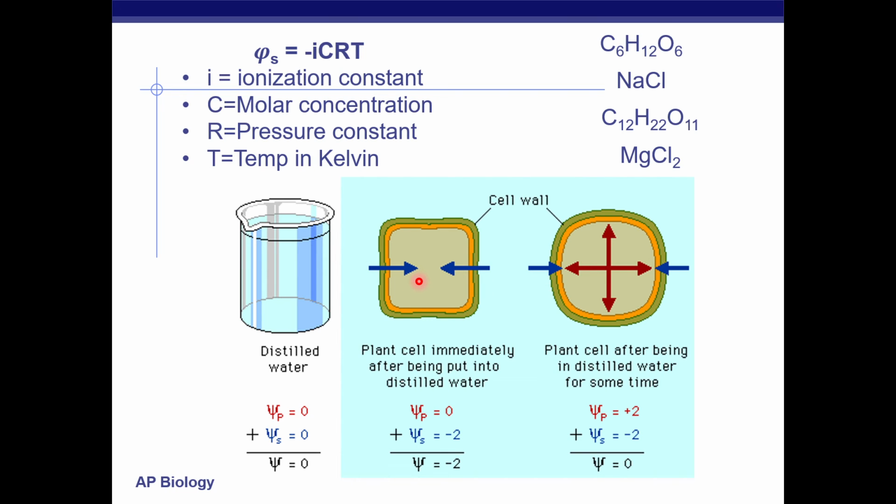This would be like the second beet core picture that we saw previously. It's immediately put in the cell. The environment was hypotonic to the beet cell, so the water moved in. The plant cell had less water potential than the solution it was in, so the water moved into the cell.